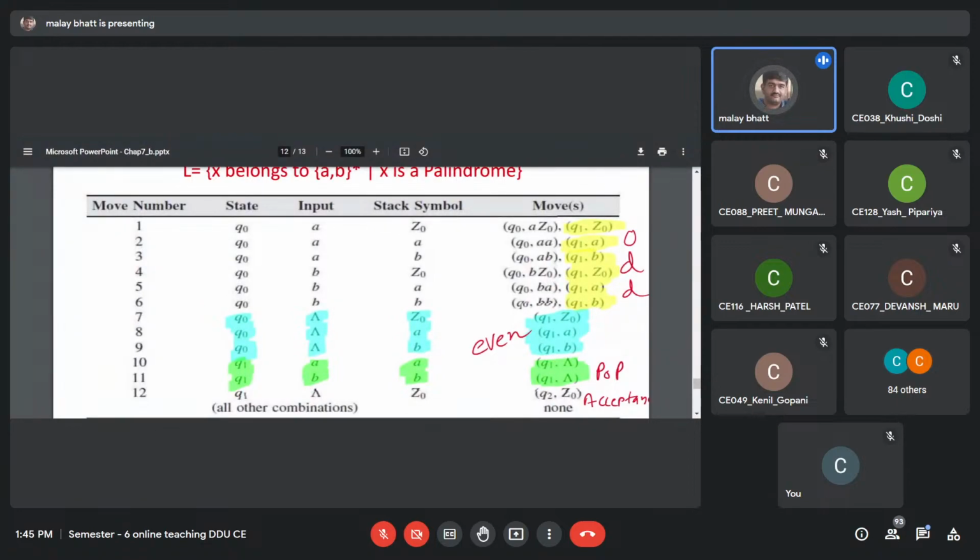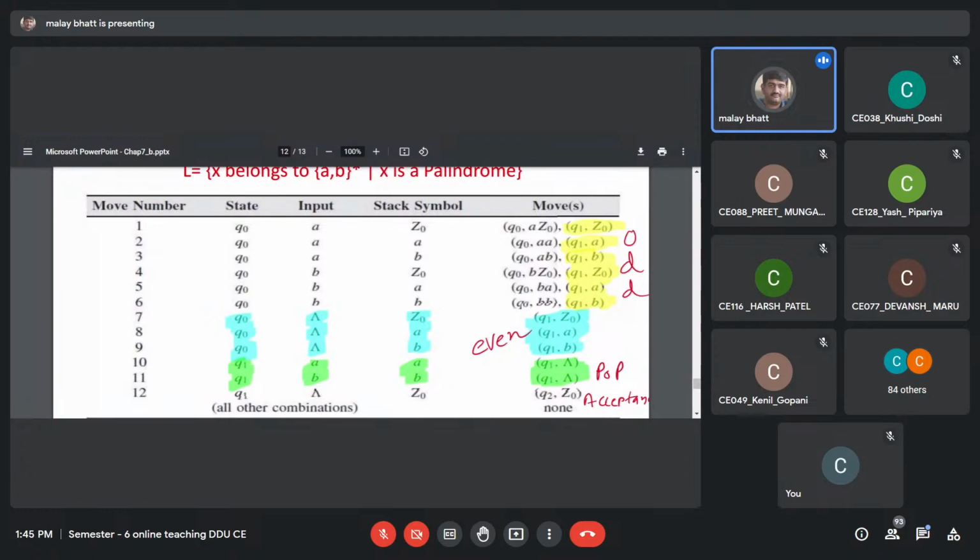Right, when it is a even length palindrome, we have to assume null as a middle symbol. We have to assume null as a middle symbol. So we require ignore rules for the null. Right, we require ignore rules for the even length palindrome also.